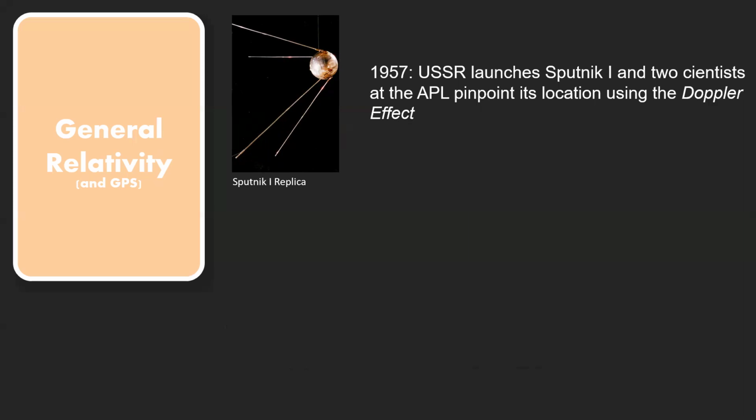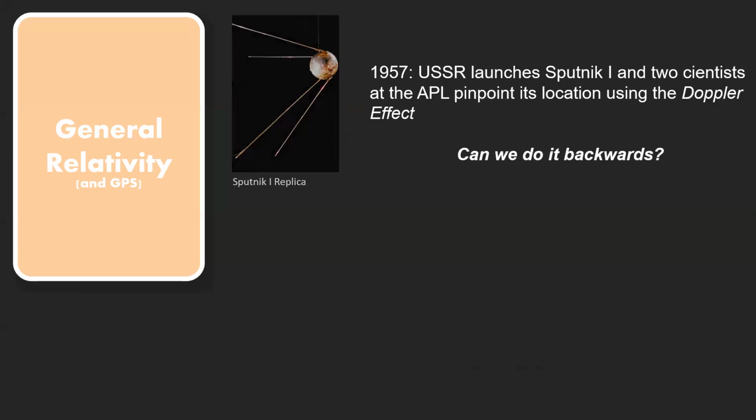And this led to a really interesting idea, which was, can we do it backwards? Which means, can we use a satellite to actually pinpoint our location? And the answer is yes, we can.